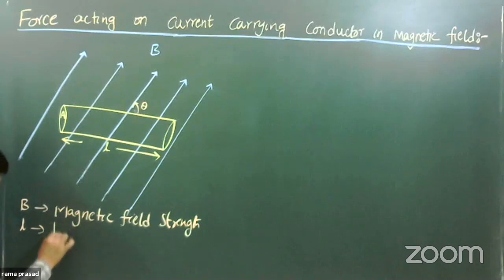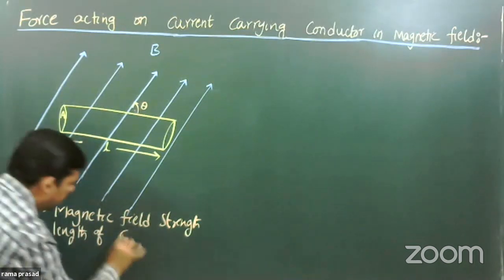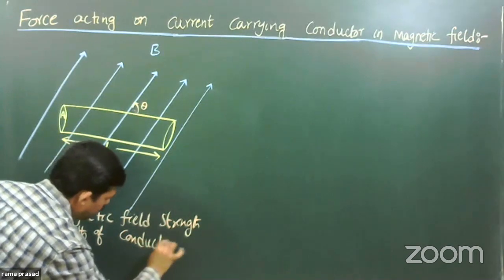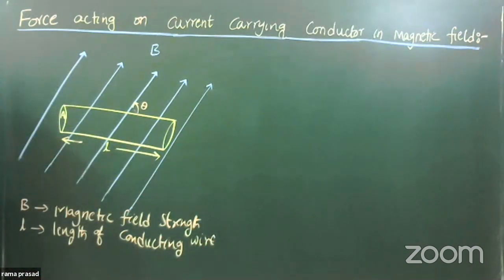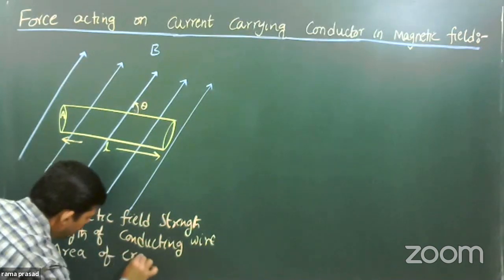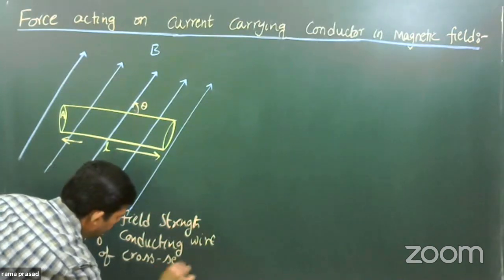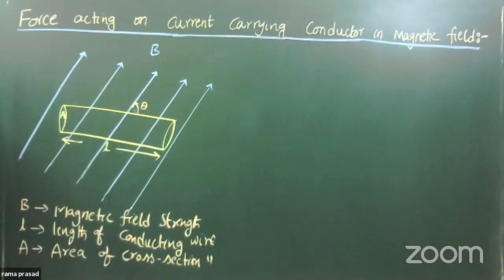L, length of the conducting wire. A, area of cross section of the wire.